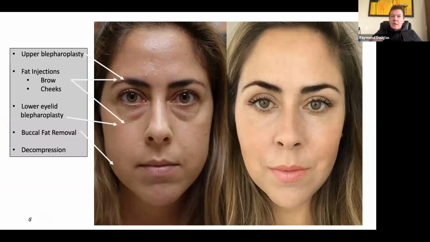So here's a case now where we start to pull together a lot of the components of things that we do. If you just looked at this patient, you'd say, well, okay, she has a little bit of prominent eyes because we can see a little bit of eyelid retraction between the eyelids, a little bit pulled up. Then there's also a little eye prominence.